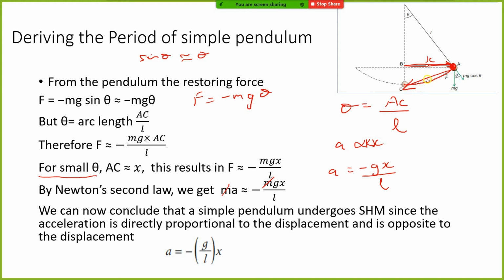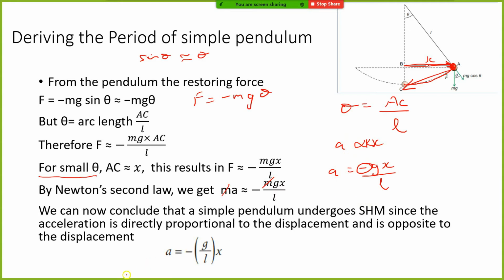Hence the reason why we have the minus sign. The minus sign just shows us that the acceleration is going in the opposite direction of the displacement. So having said all of this, it shows us that a pendulum is undergoing simple harmonic motion just by looking at this simple equation here.